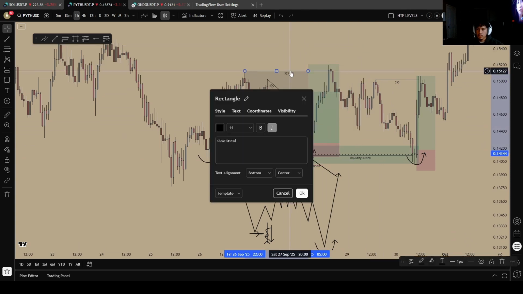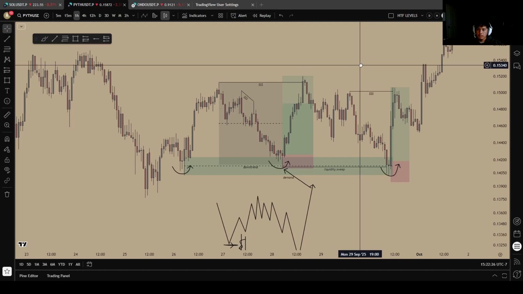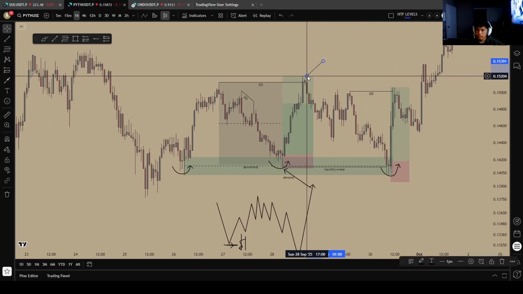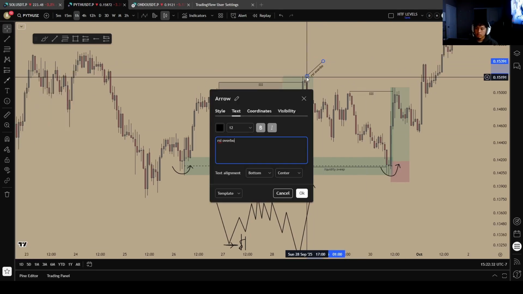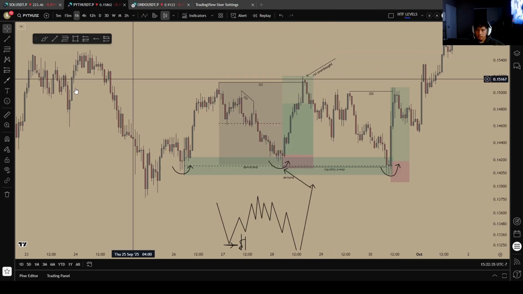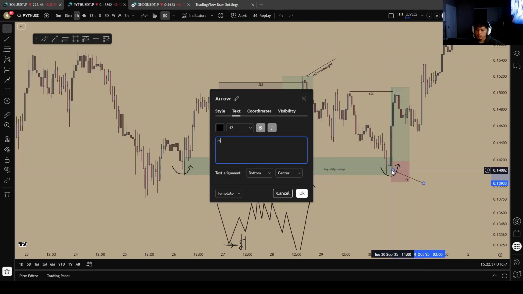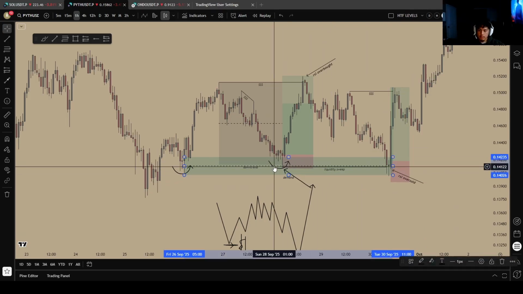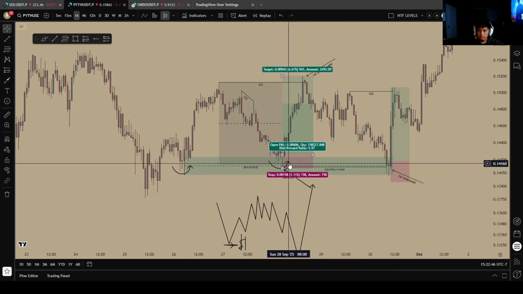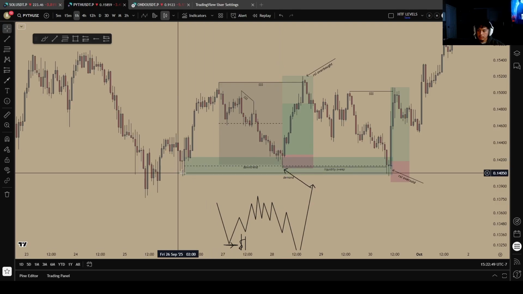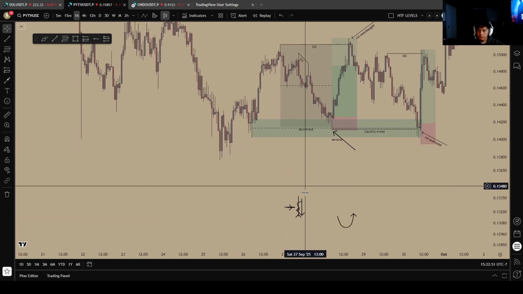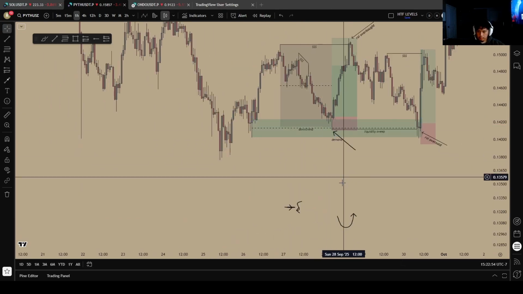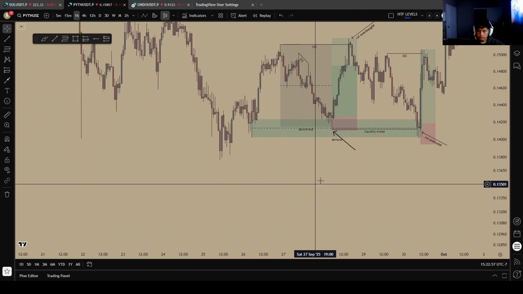So after this liquidity has been tapped, let me show you, RSI overbought. I'm not going to open up the RSI yet, just to show you RSI overbought right here, RSI oversold. Let's delete that. All right.